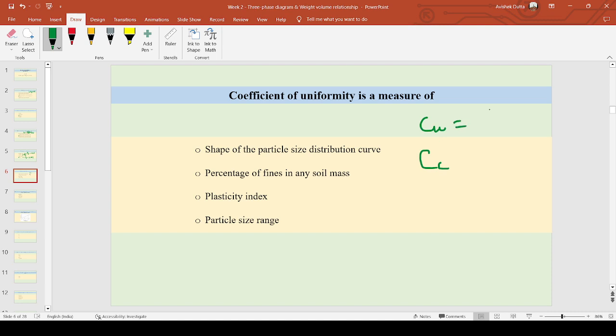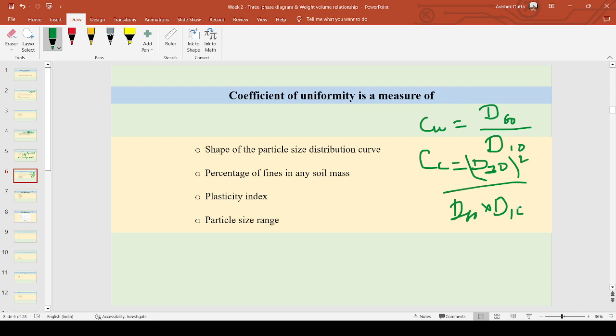Coefficient of uniformity is the formula of d60 by d10, isn't it? d60 upon d10. And coefficient of curvature is, what is the formula? d30 whole square, divided by d60 into d10. Very good.